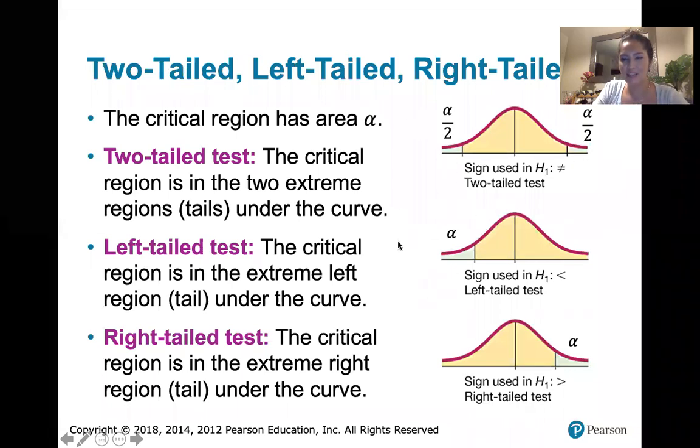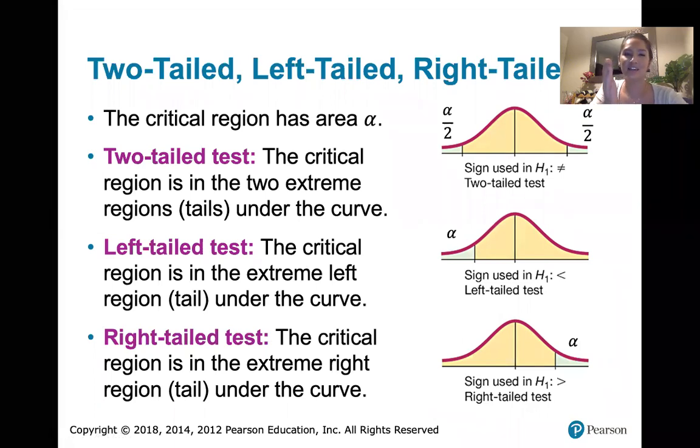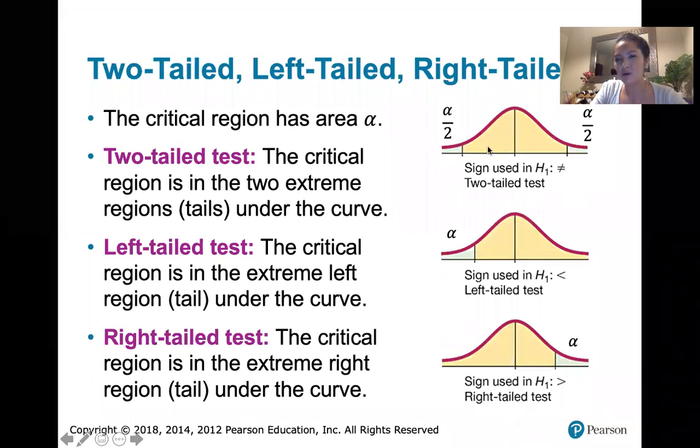In the left-tailed test, the far left tail is our critical region, and in a right-tailed test, that far right tail is our critical region. And the critical value is the value that separates the area in those tails from the rest of the area.